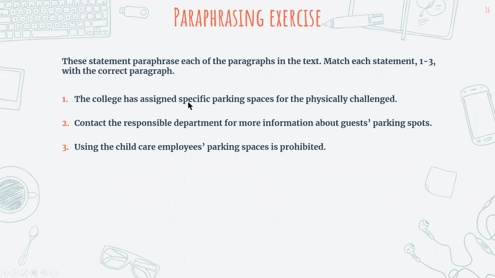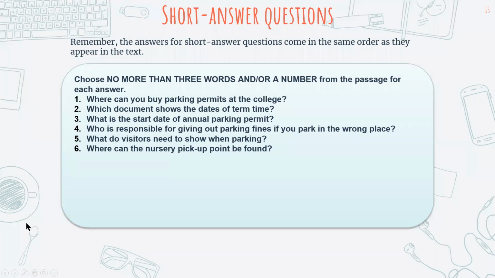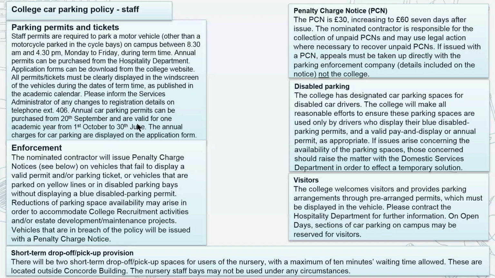The college has assigned specific parking spaces for the physically challenged. The physically challenged, it means disabled people, okay? People with disabilities. And it says here has assigned specific parking spaces. So I need to find this paragraph. If we move back to the text, sorry, it's taking long. I need to find the paragraph for the disabled because it was a paraphrase.